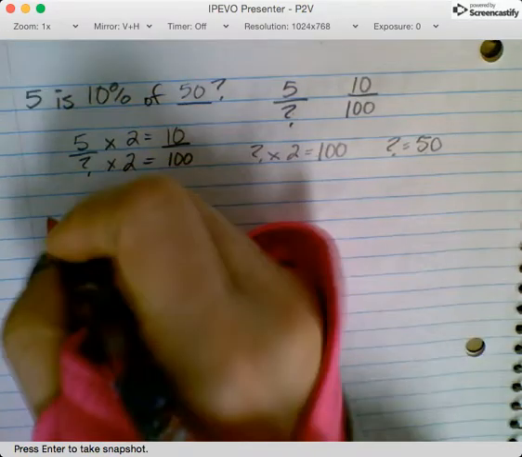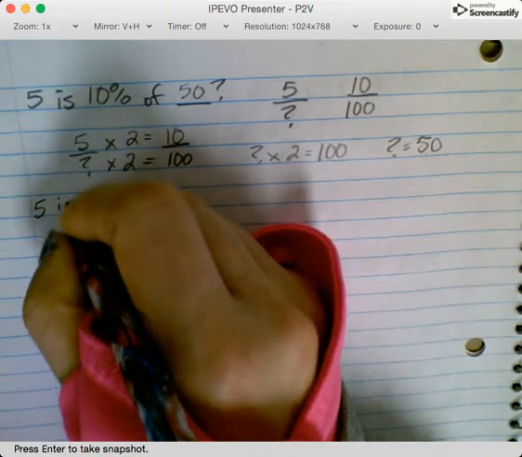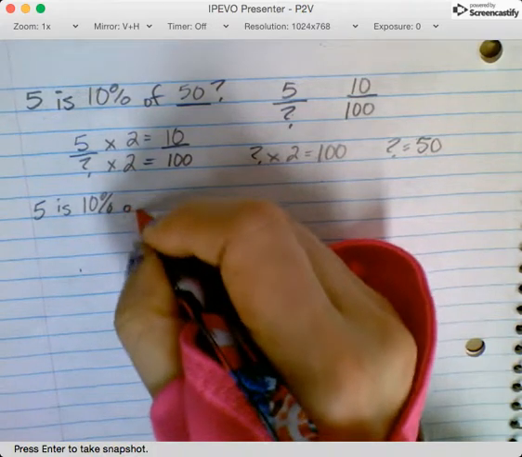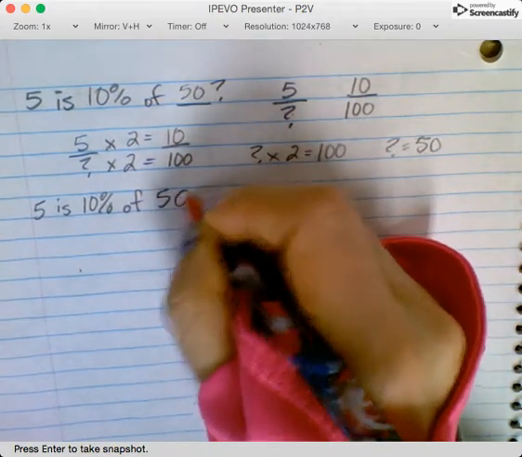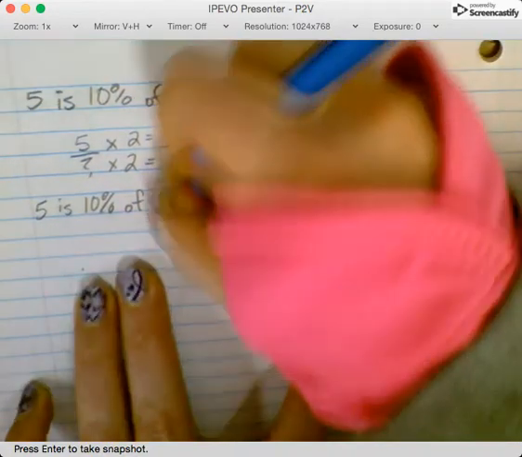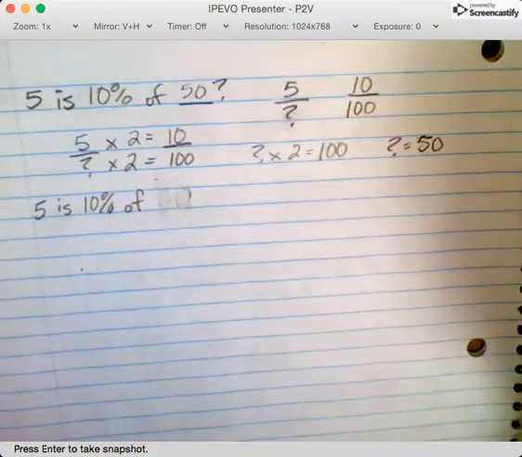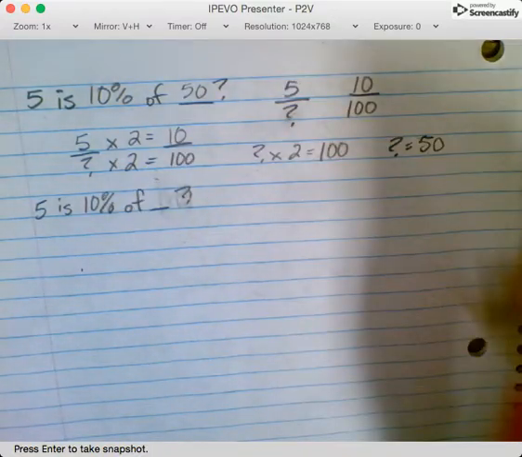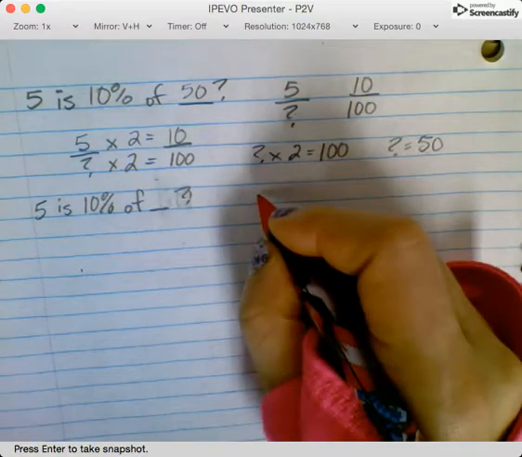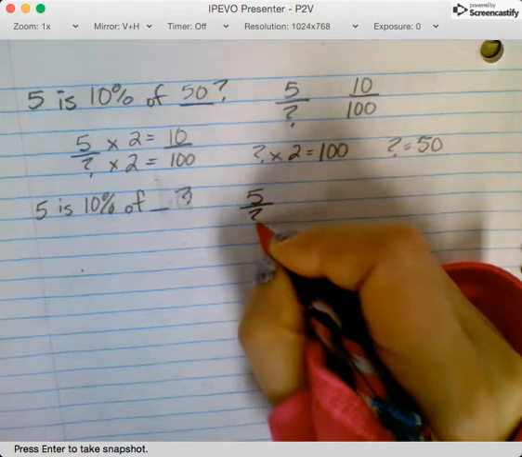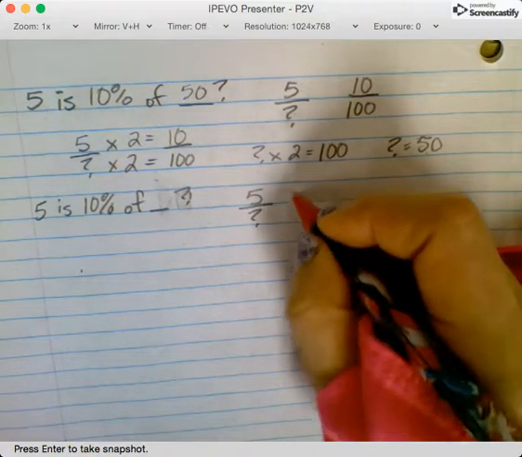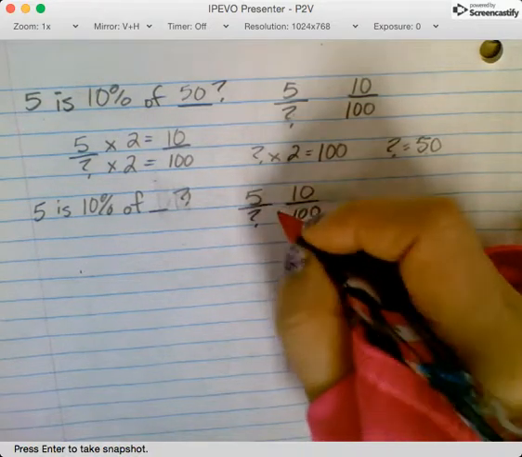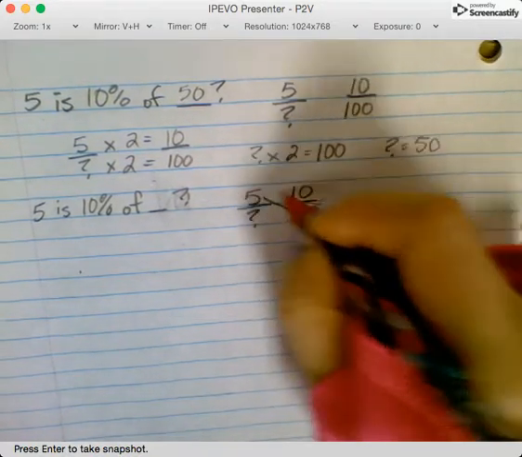Now I could do this kind of the same way using cross multiplication. So I could set it up like this. We'll start out with the same problem, and we should get the same answer. So I would still do 5 over a question mark equals 10 out of 100. Remember, with cross multiplication, you multiply these numbers across.